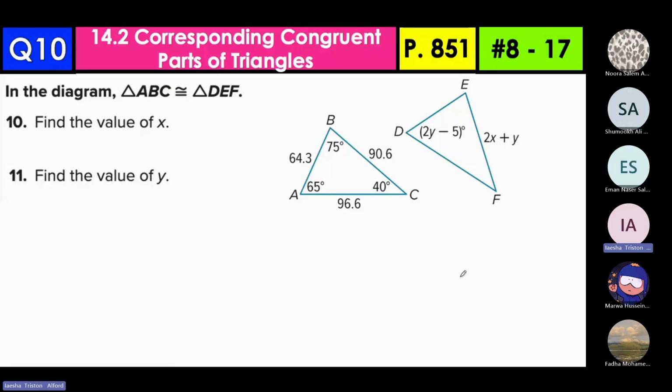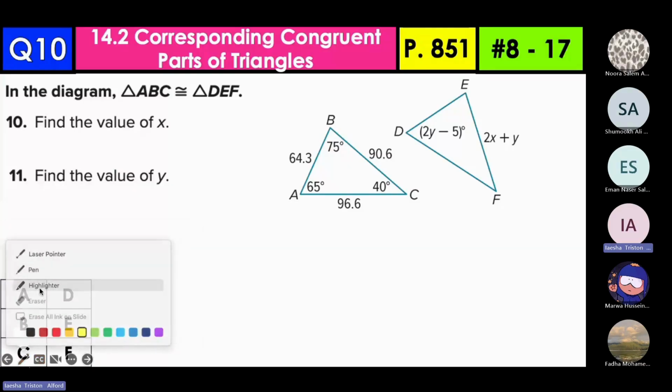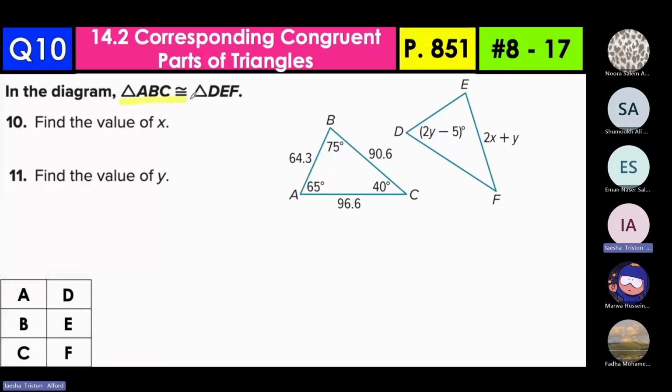First thing you need to do is what? The statement. Match. So triangle ABC is matching with triangle DEF. How do we know? From the statement. I'm going to color everything.